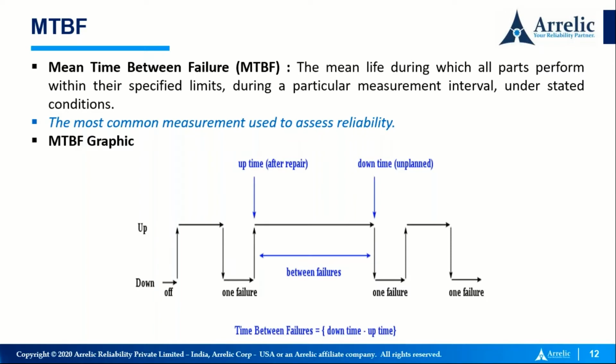So if the plant decides to increase the throughput beyond its design rate, then of course the reliability will be affected, and vice versa. This is the most common measurement used to assess reliability. So high MTBF means high reliability. Low MTBF means low reliability.